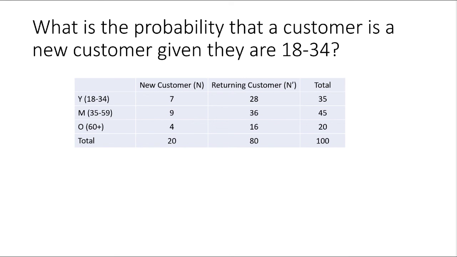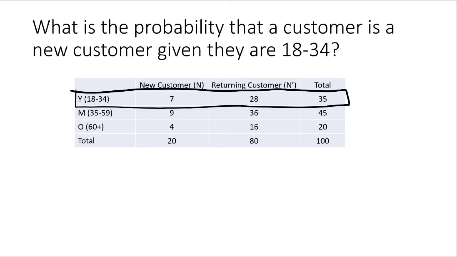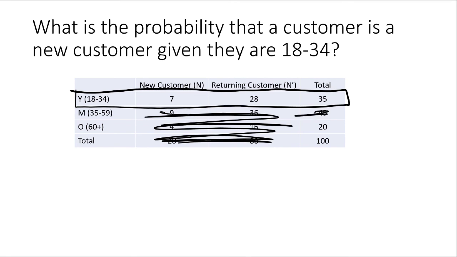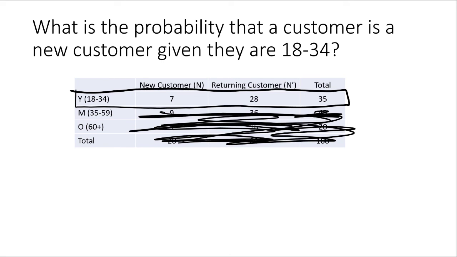All right, so we're given they're between the ages of 18 and 34, so we know they are in group Y. And we don't care about anybody else. We are only looking at group Y because we are given they are in the 18 to 34 age group.